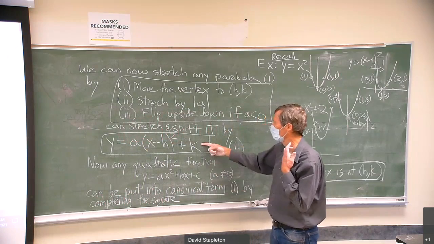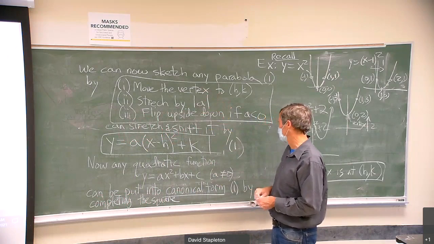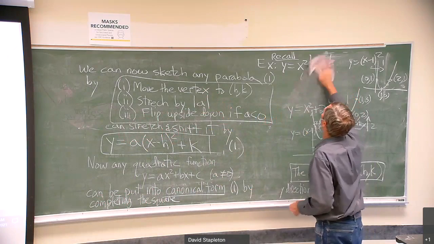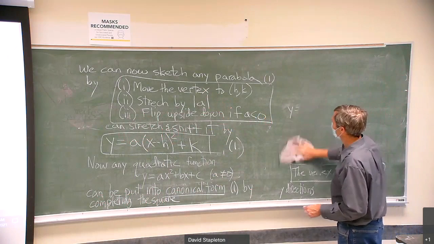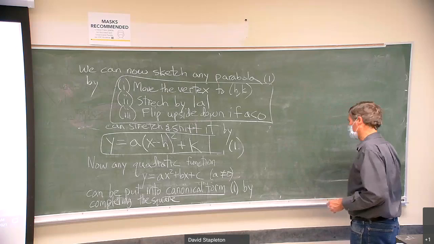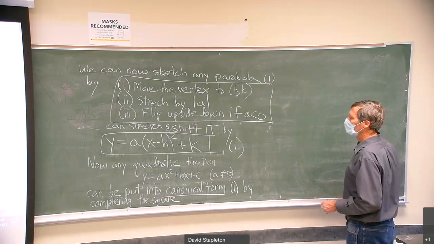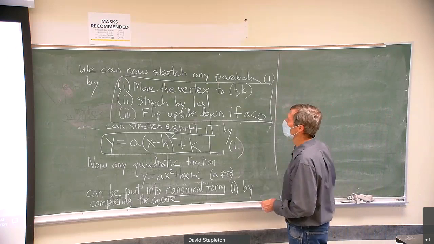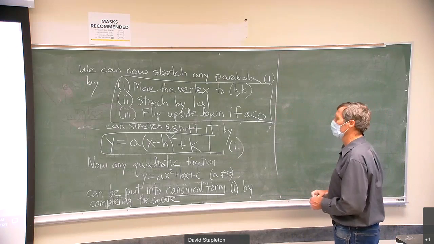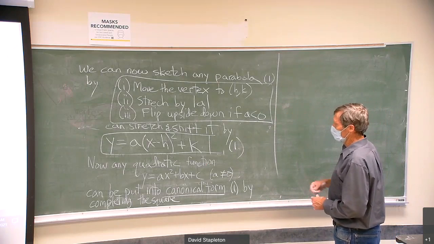I complete the square and put it in this form, and then I immediately sketch it by these three steps. That's it. And like I say, these are used an extreme amount. They're often the simple examples. If you take calculus, they'll do a lot of simple examples that are parabolas. You have to know this stuff very well. If you're not taking calculus, maybe you don't care. They're still used a lot in algebra.